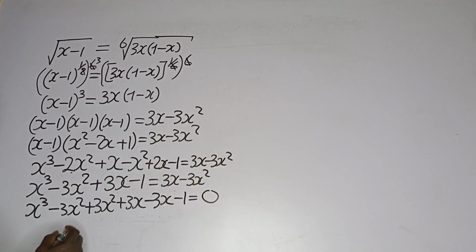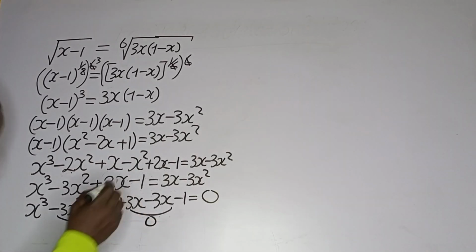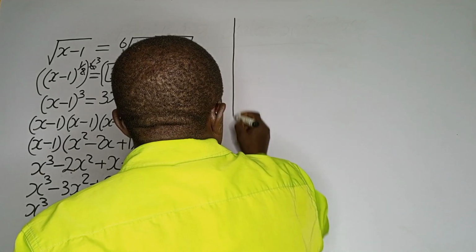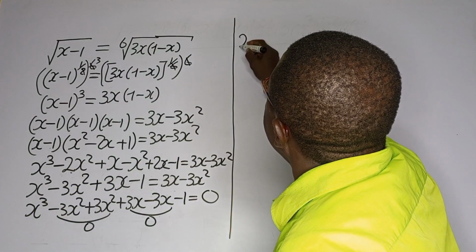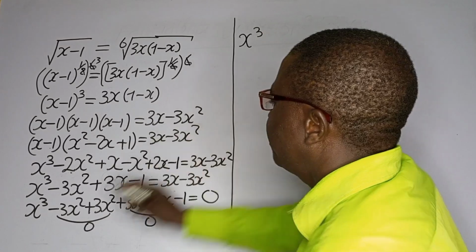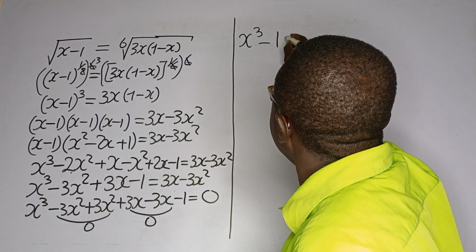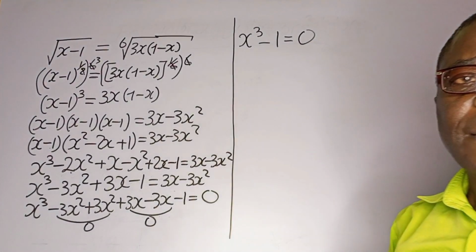So when we look carefully, we'll see negative 3x squared plus 3x squared is 0. 3x minus 3x is 0. And so what we get finally is x cubed minus 1 is equal to 0. That's what we get at this point.